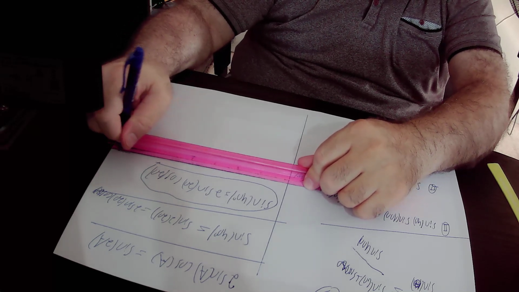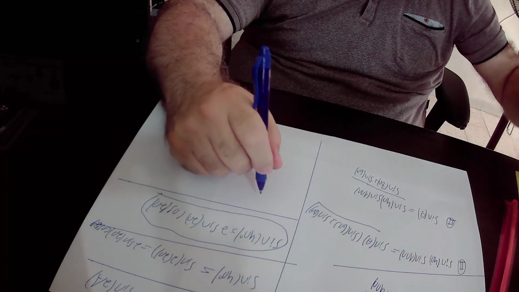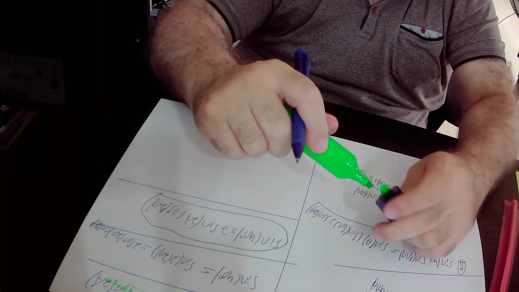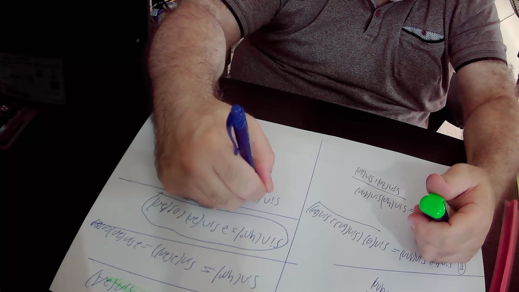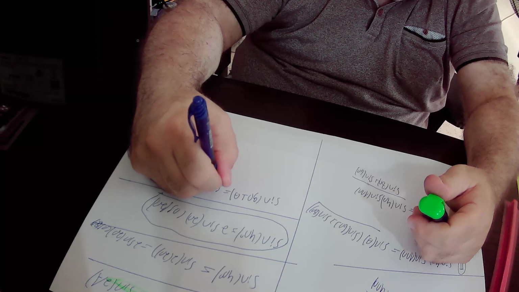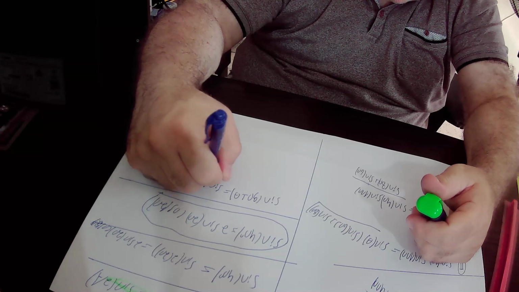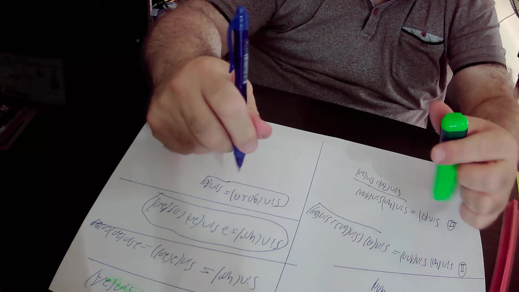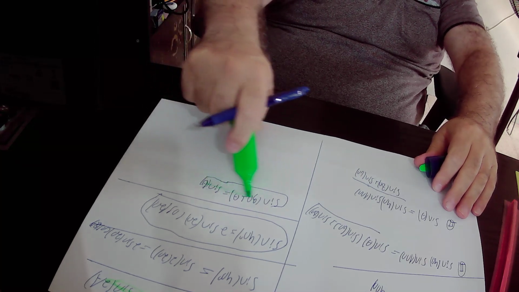I present to you another trigonometric identity. It's sinus 90 degrees plus theta equals cosine theta.